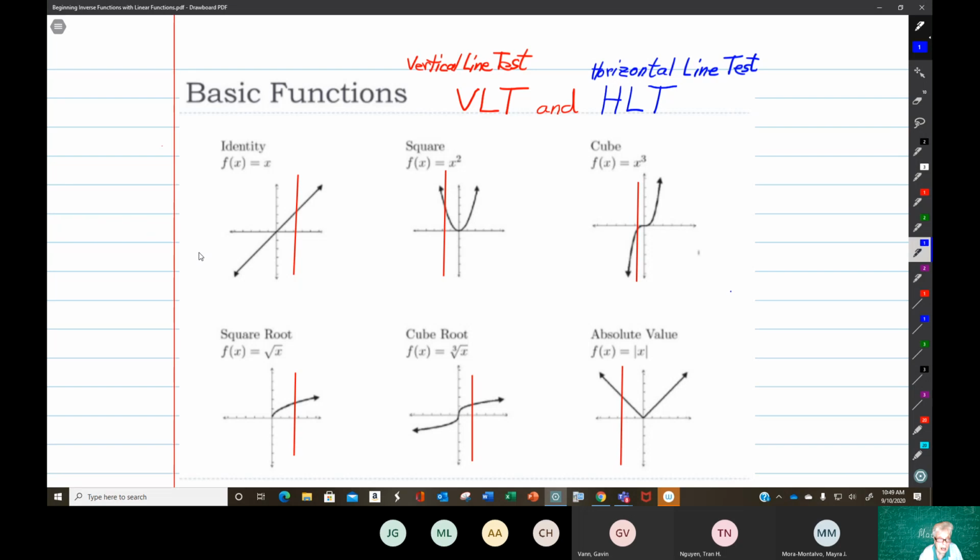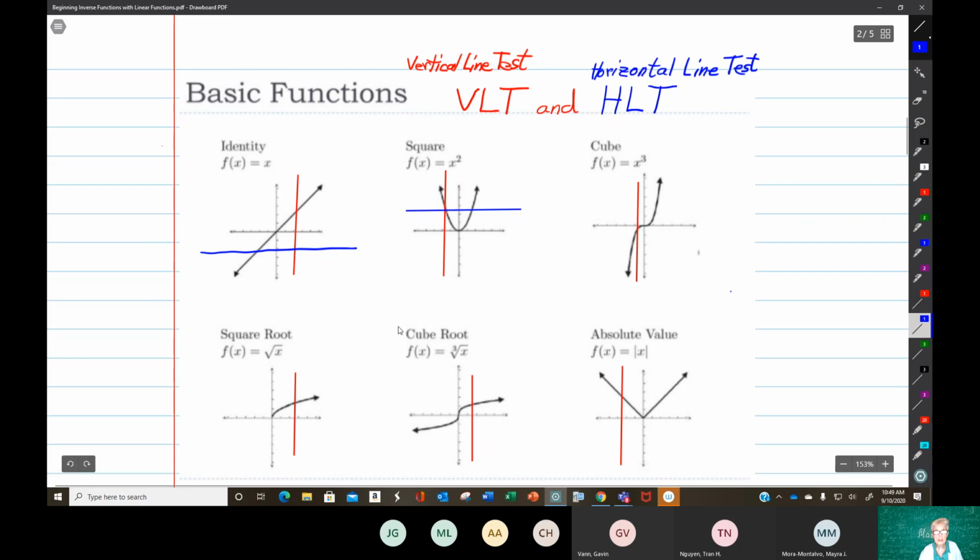So how about here? Yeah, how about I get a straight line? Okay, but that's true. This is a one-to-one function because it passes the horizontal line test. Over here, oopsie, it is a function.